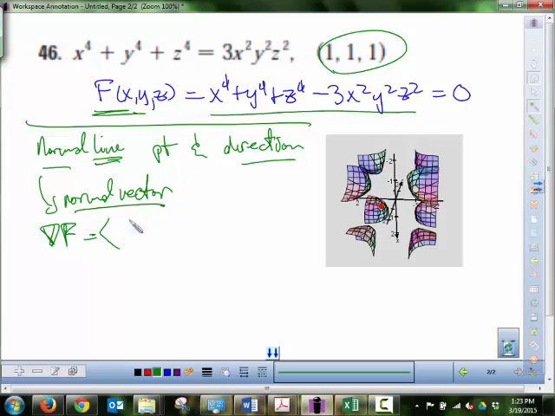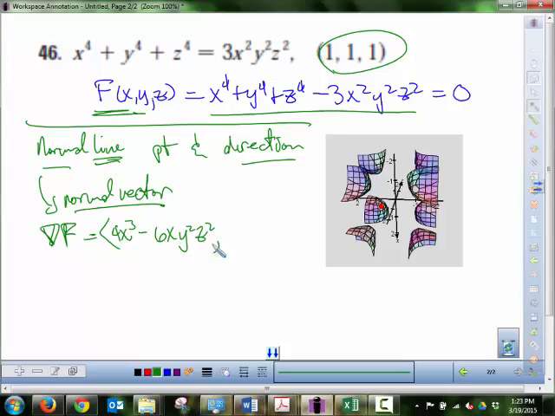The derivative with respect to x is 4x cubed minus 3, wait, the y and z are constant, so the 2 comes down. That will be 6x to the first power y squared z squared. So that's the derivative with respect to x.